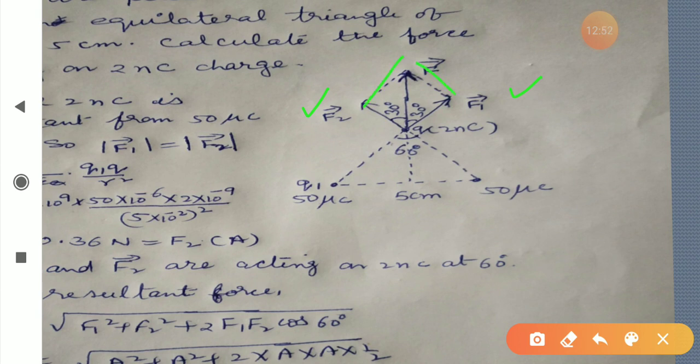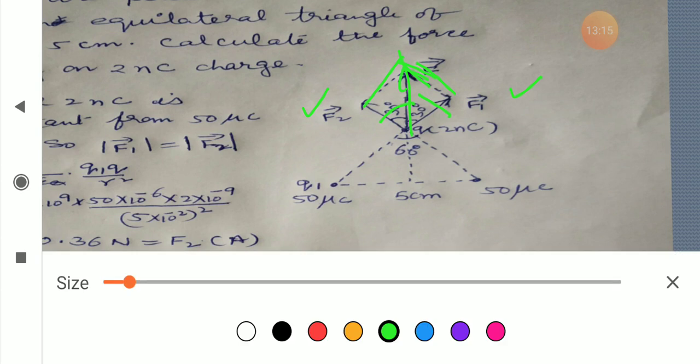See, I have completed the parallelogram, and the diagonal starting from this point is going to be the resultant force. And since F1 and F2 are equal, the angle between these two has to be equal. So therefore, the resultant force, you can see, will make equal angles with each one of them.